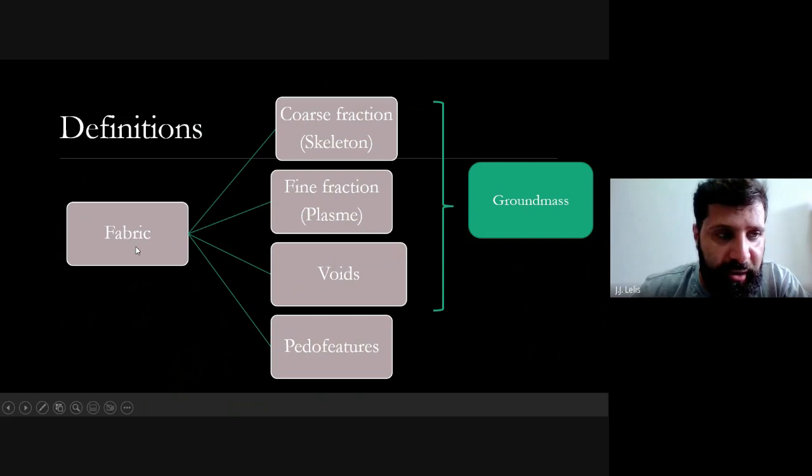Fabric is the spatial organization of the bodies inside the soil. So its size, its abundance, the selection of the material, and how each body, each coarse sand, each particle of clay, each organic particle is organized, is distributed inside the soil, is the fabric.